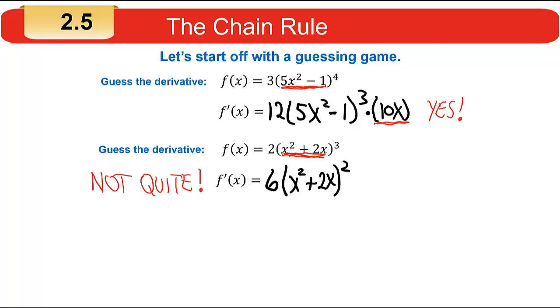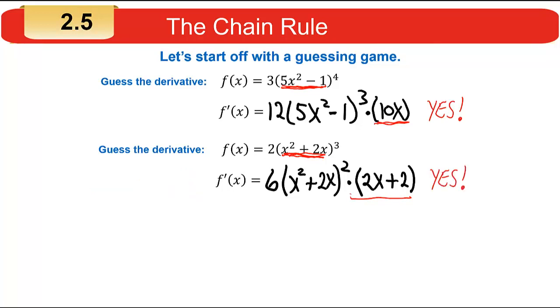So the derivative of x squared plus 2x is 2x plus 2. Turns out that's also correct. You're building up a little confidence. Let's try a third. Guess the derivative of this expression.